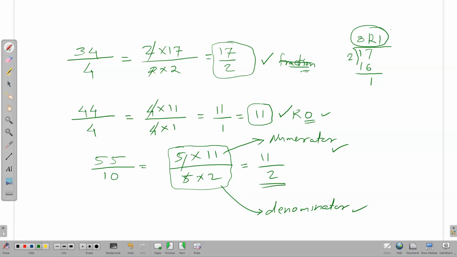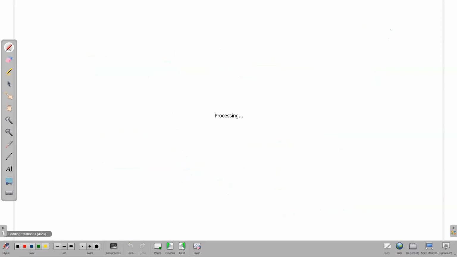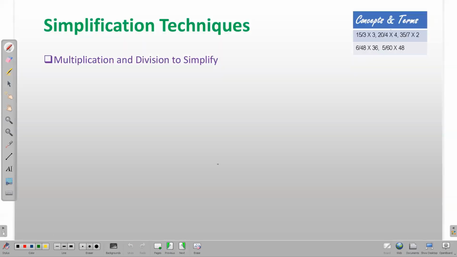Now let us try something, and if you are not comfortable, we'll come back. So what is this division? This one, a simplification. Multiplication and division to simplify. It's coming together.